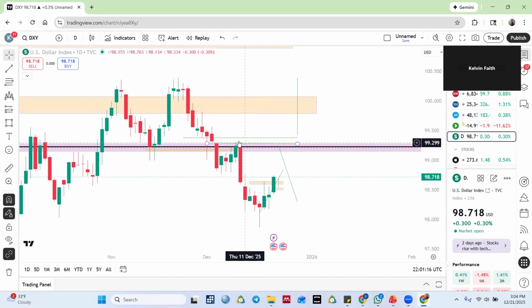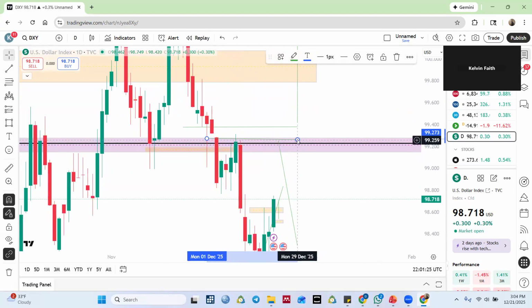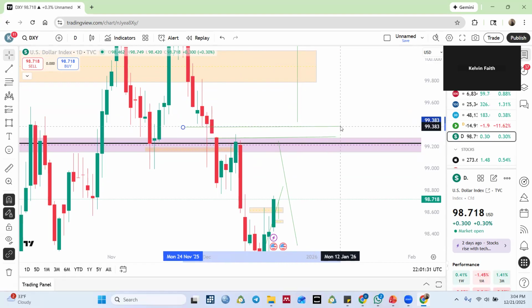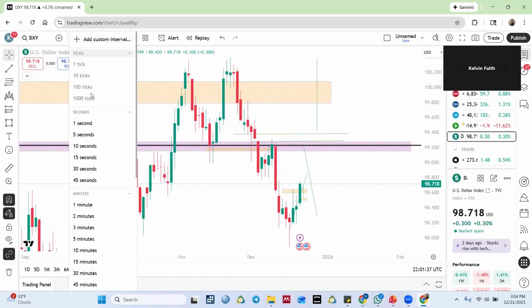So you can see the two lines that I put here. If you can see them, these are the two lines. They are here. Okay. The two lines are all here. The weekly time frame imbalance is here. Okay. So let's watch. Let's go to 4 hour.